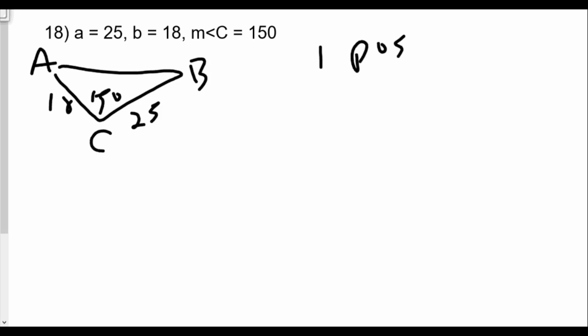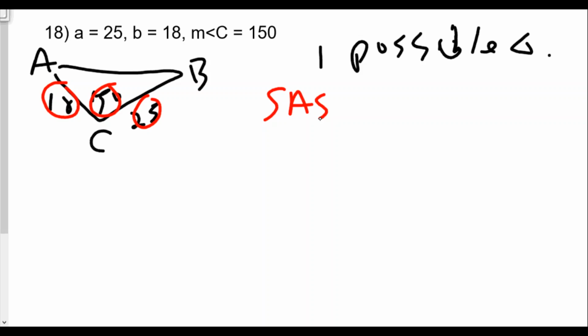Why is this one possible triangle? The reason is that law of cosines starts off with a side-angle-side situation. So if we have side-angle-side, given this information, we can find the third side. So here, let's use a formula.